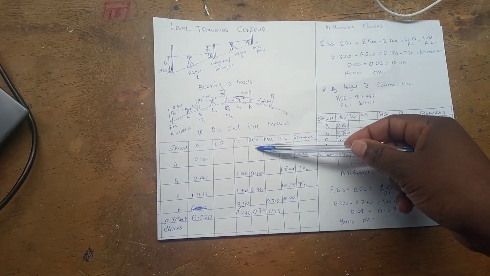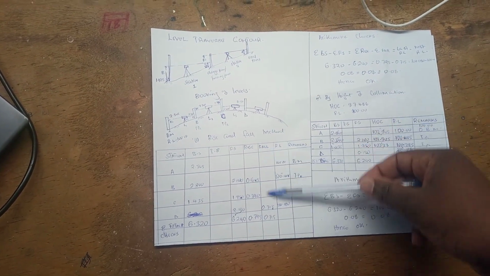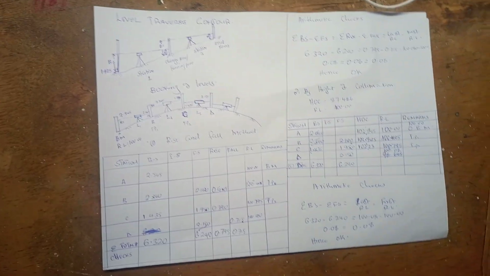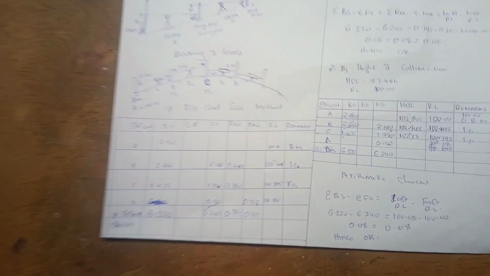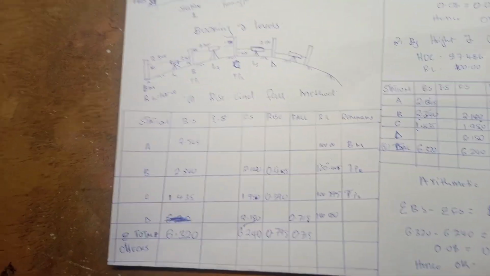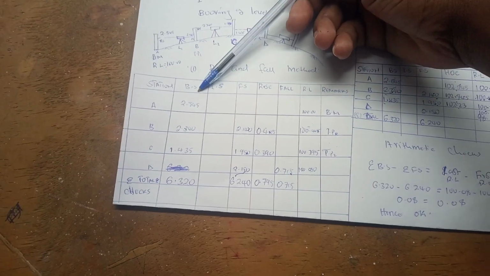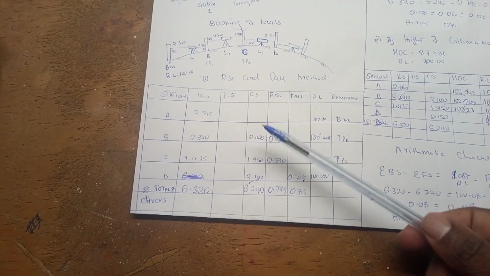I have done the calculation for rise, fall, reduced level, and then I have the column for the remarks.